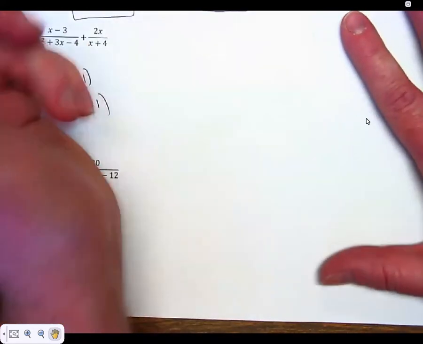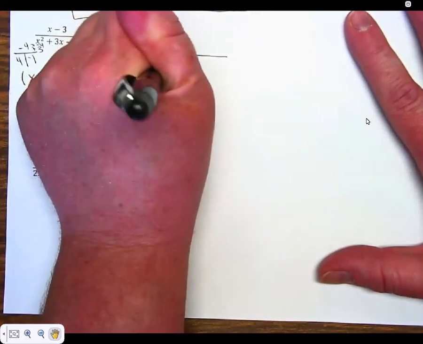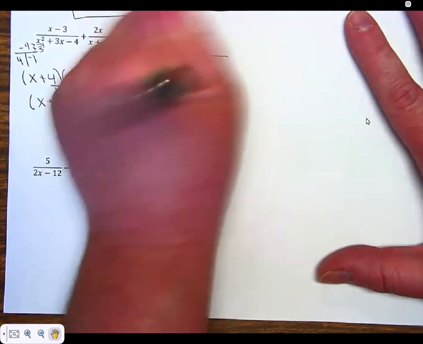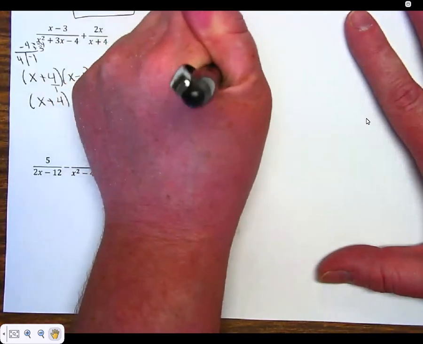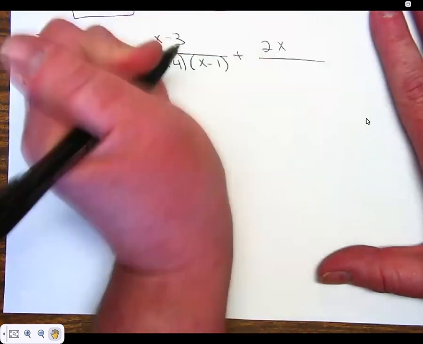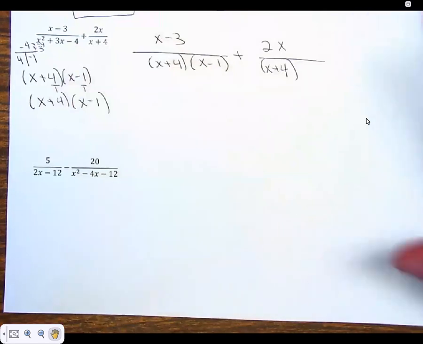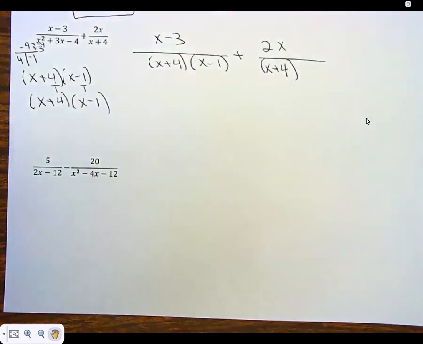So what we're looking at then is x minus 3 over x plus 4 and x minus 1, plus 2x over x plus 4. Fine, so looking at it, you need to look at all of your bottom parts and figure out your lowest common denominator.